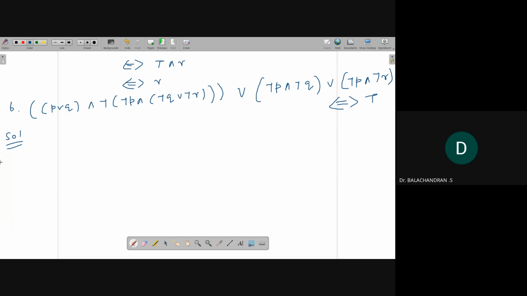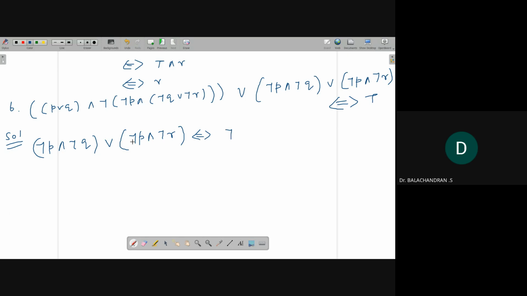So negation P and negation Q or negation P and negation R. So here this is equivalent to apply De Morgan's law.